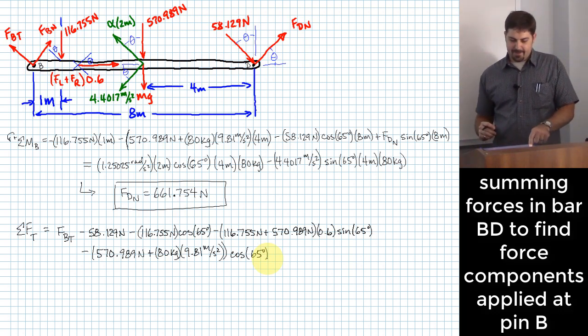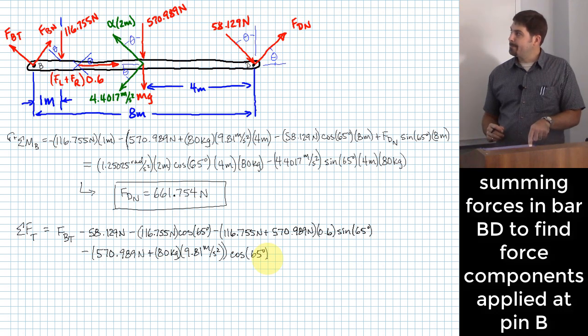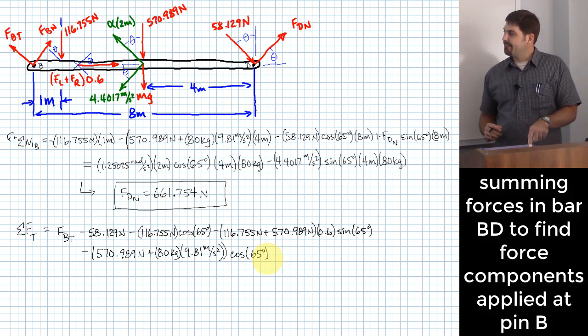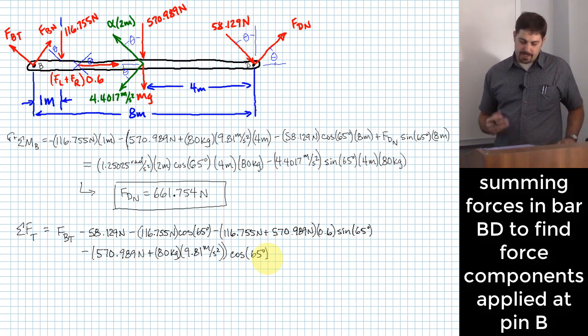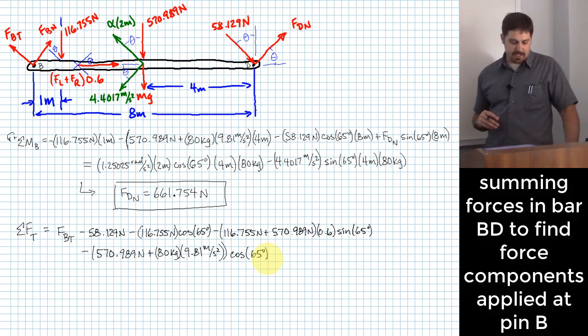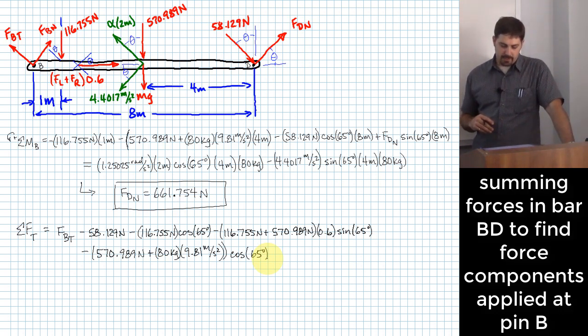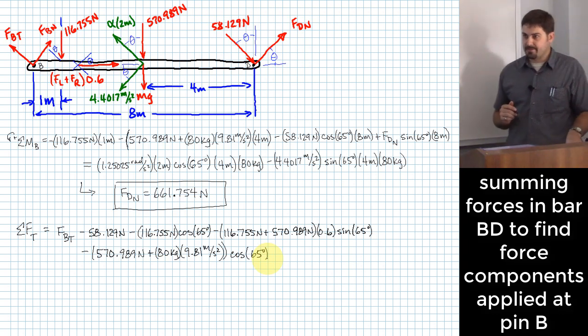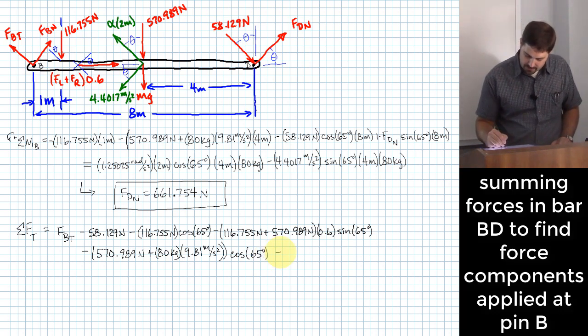All right. Anything else? It's confusing that that 58. Oh, we already did that. Yeah, we got that 58.129. It's negative because it goes the opposite direction of the positive FBT that we're putting on there. Okay? So now what? I think I've got all my forces. I set it equal to the mass times the acceleration, tangential. The sign is correct.